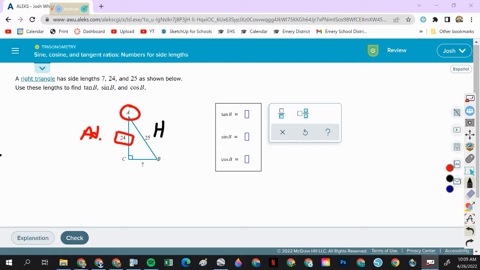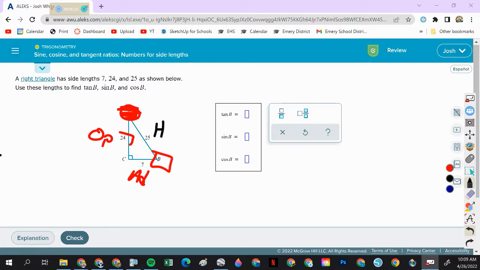The leg that does not touch A is called opposite. Well, what if I switch from A to B? How is that going to change how I label the triangle? So this becomes opposite and this becomes adjacent, and the H stays right where it is.